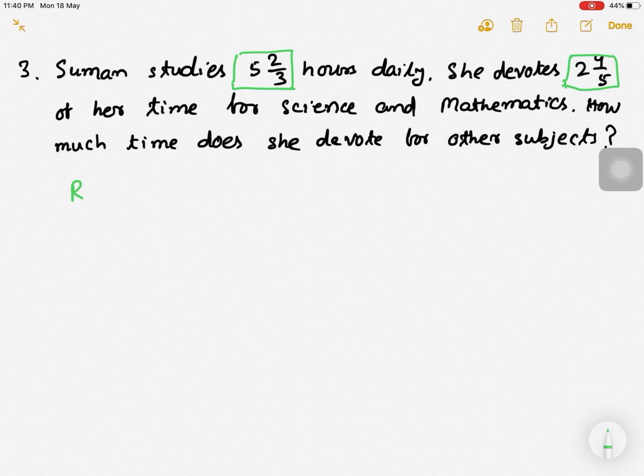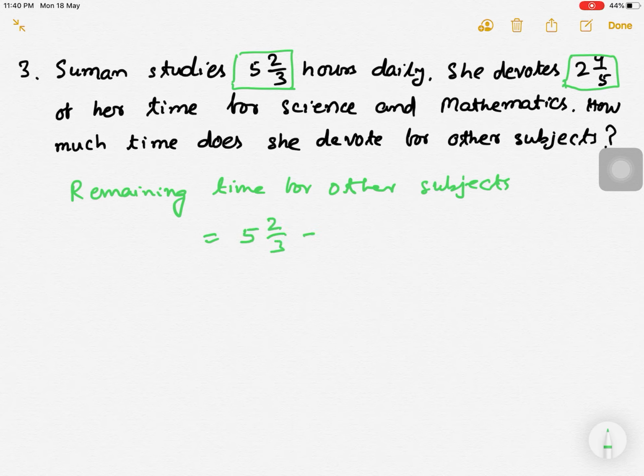Now the remaining time for other subjects is equal to 5 whole 2 by 3 minus 2 whole 4 by 5 hours.